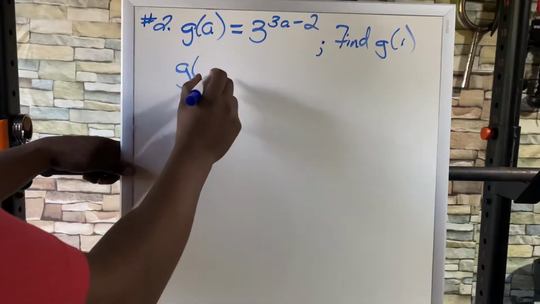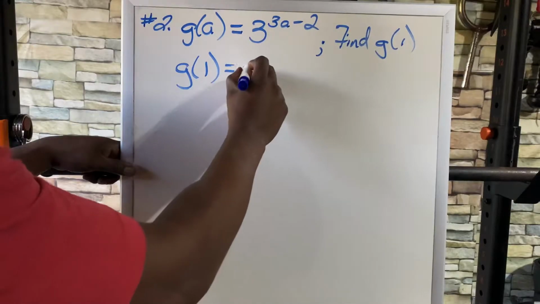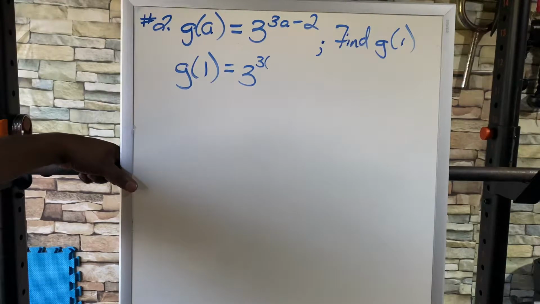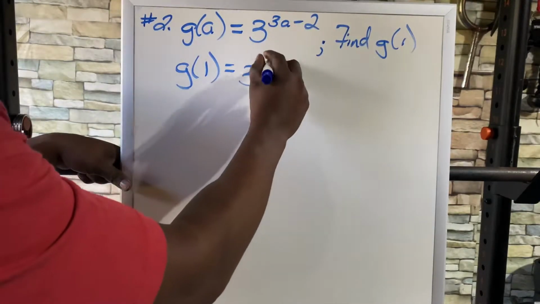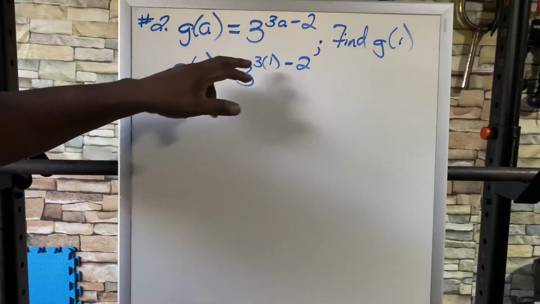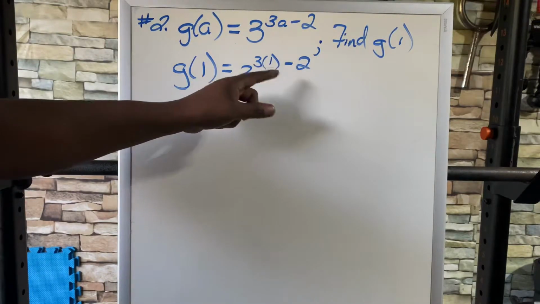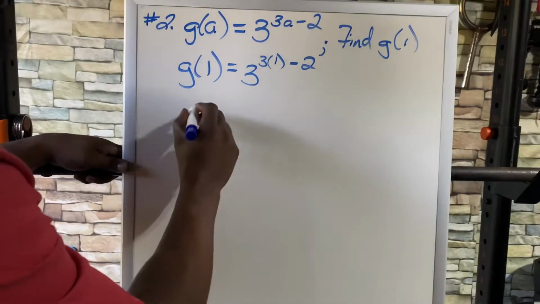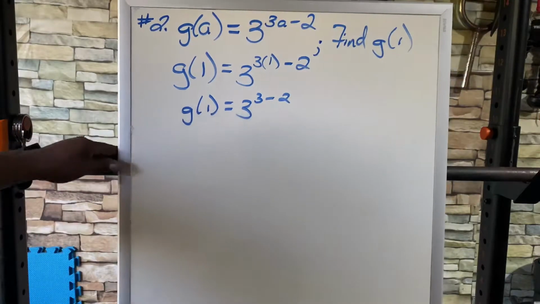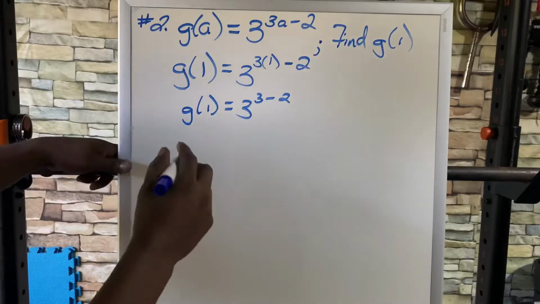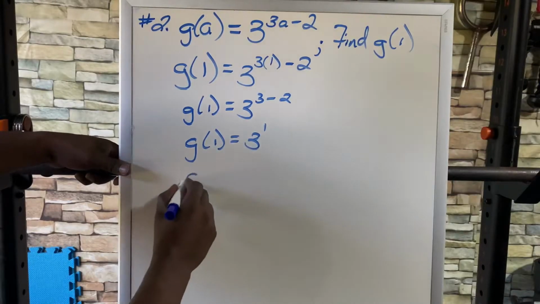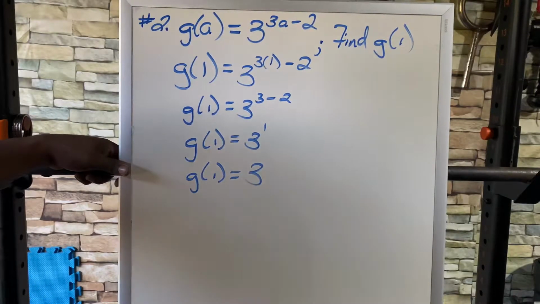So g of 1 equals 3 to the 3 times 1 minus 2. We work the order of operations: multiplication first. 3 times 1 is 3. 3 minus 2 is 1. 3 to the first power is 3.